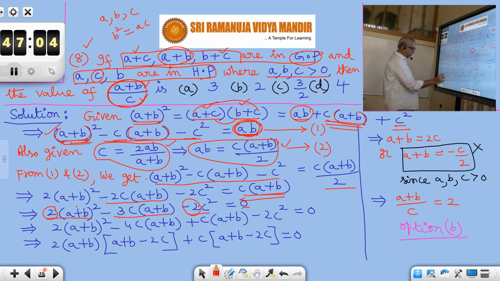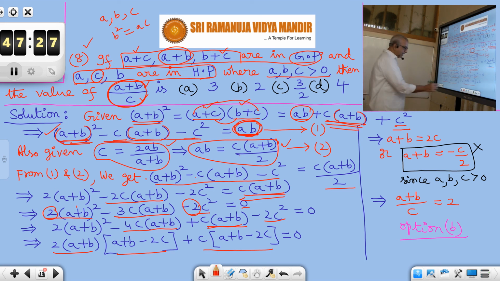So this minus 3 can be written as minus 4 plus 1. So the middle term I am writing as minus 4C into (A plus B) plus C into (A plus B). In the first two terms I have taken 2 into (A plus B); in the bracket I will get A plus B minus 2C. Third and fourth terms I take C common; in the bracket I get A plus B minus 2C.